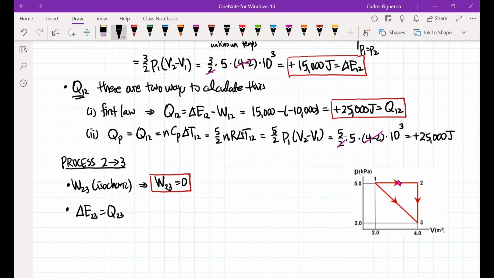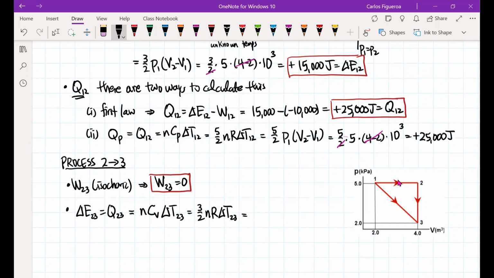So using the definition of the internal energy, this would be nC_V times the change in temperature between 2 and 3. Again, we don't have temperatures. So if I do that little trick that we've been talking about, between 2 and 3, note that the volumes are the same.